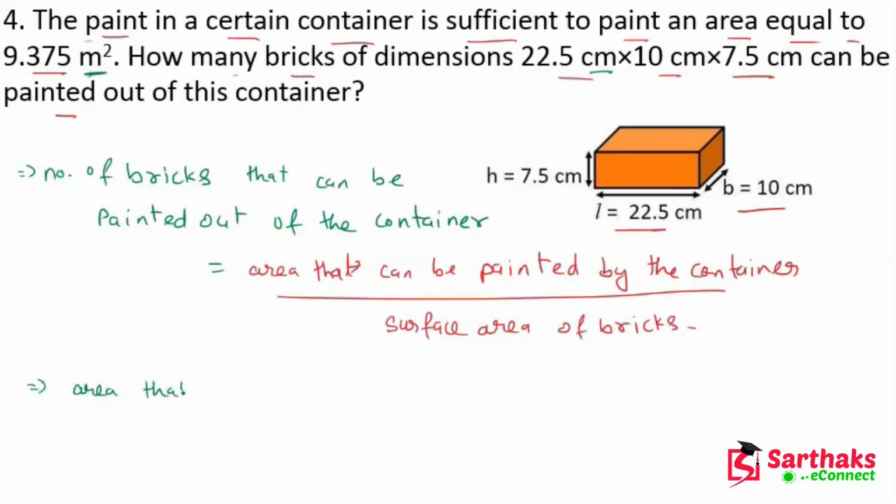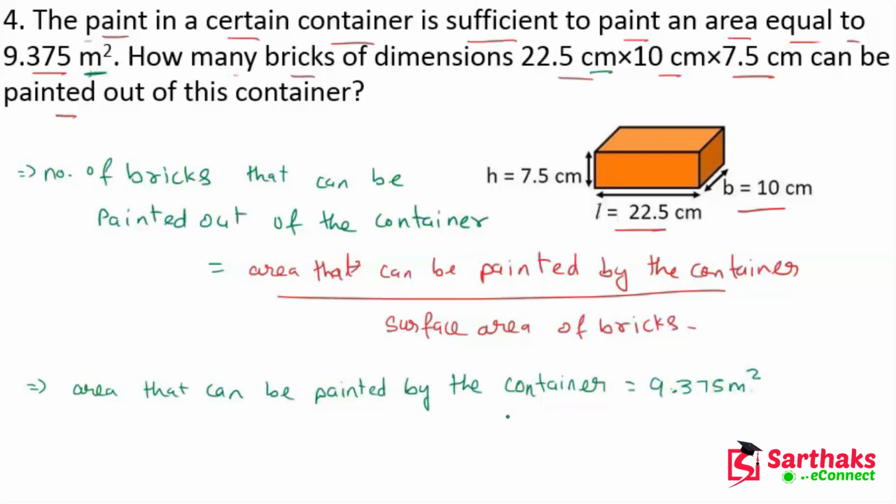So the area that can be painted by the container is equal to 9.375 meter square.